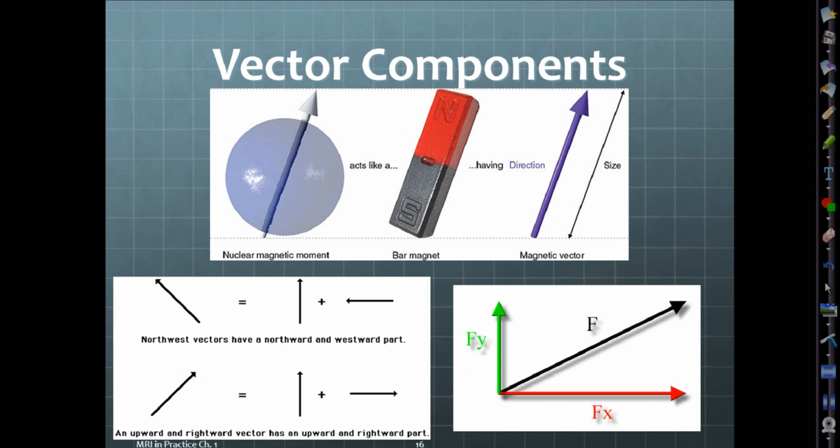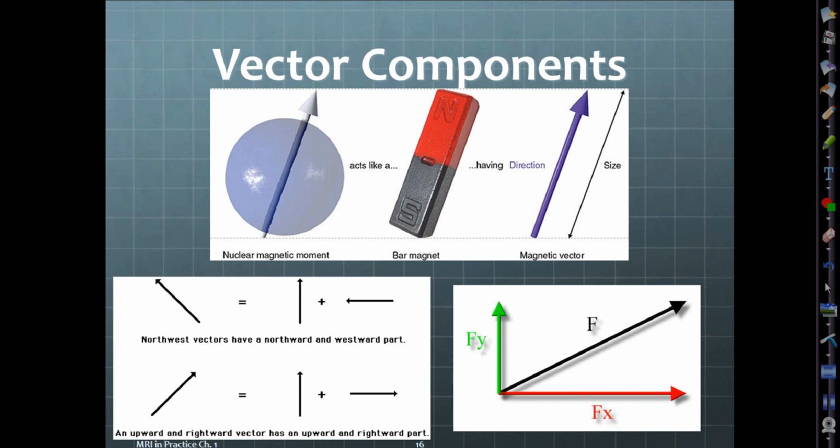Yeah? If you have a certain number of vertical and a certain number of horizontal vectors, does it determine the angle of the oblique? Like, how much oblique is the angle? You could say that in terms of how you divide up one particular vector, but what we're going to be talking about here is that as we start to add up these vectors, we create what we call a net magnetic vector.